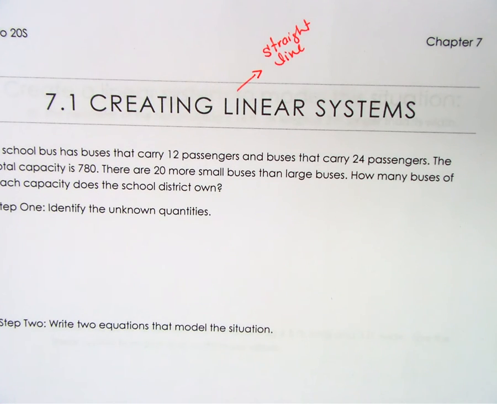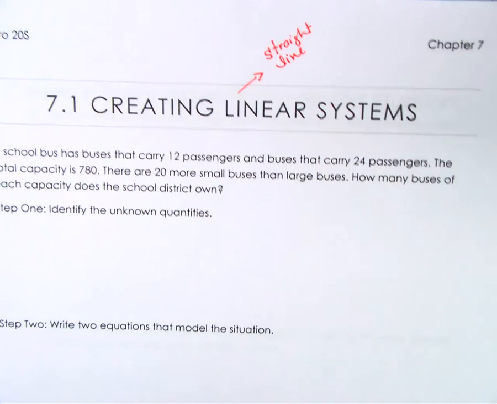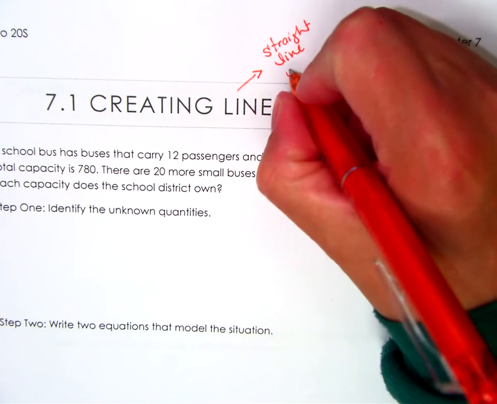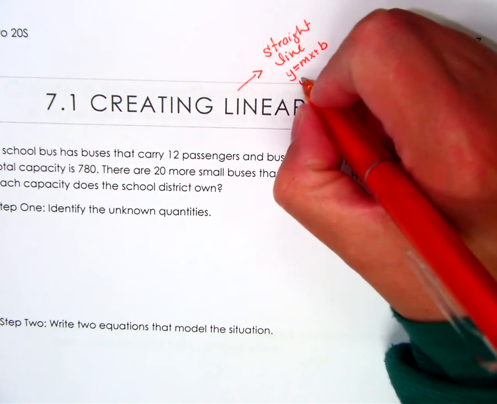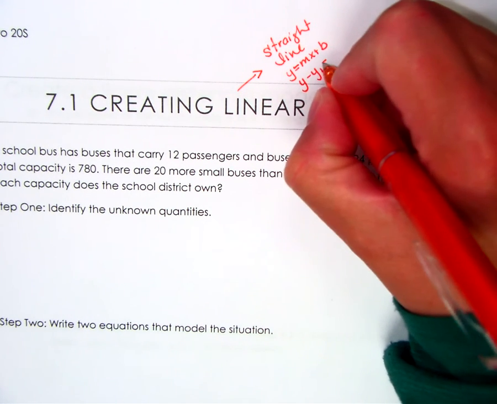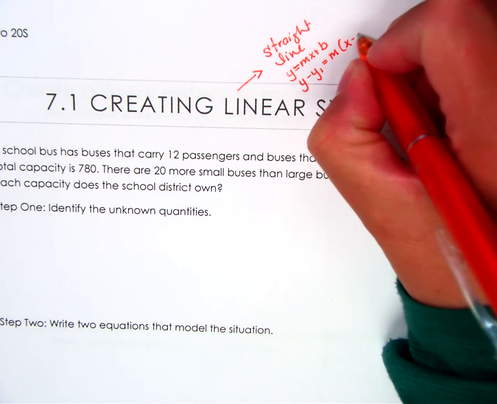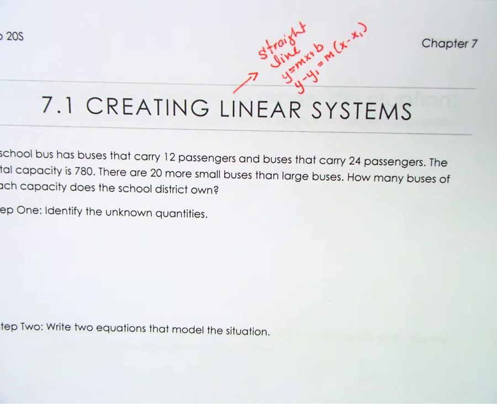So that's going to result in a straight line. We can also have it in the form, usually the equation, like y equals mx plus b, or y minus y1 equals m times x minus x1. So that's all the stuff we've been working on.